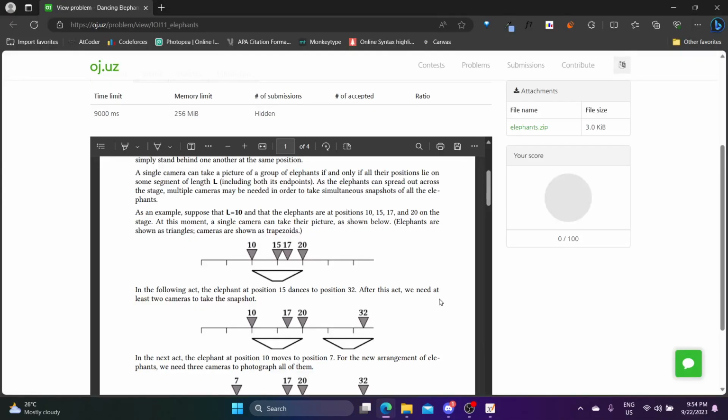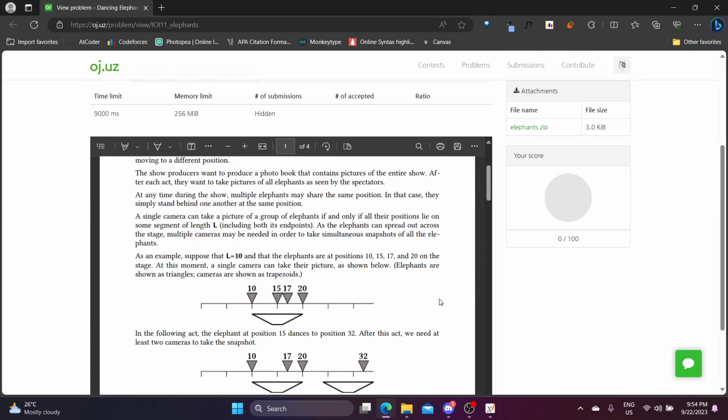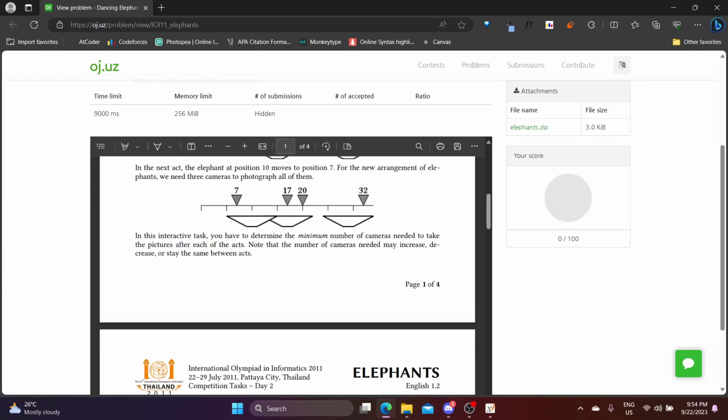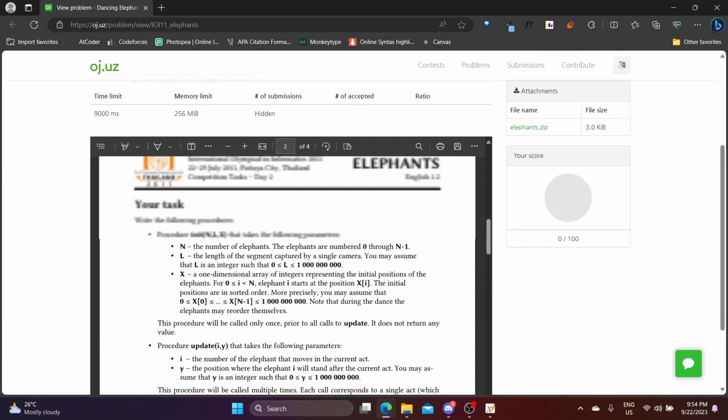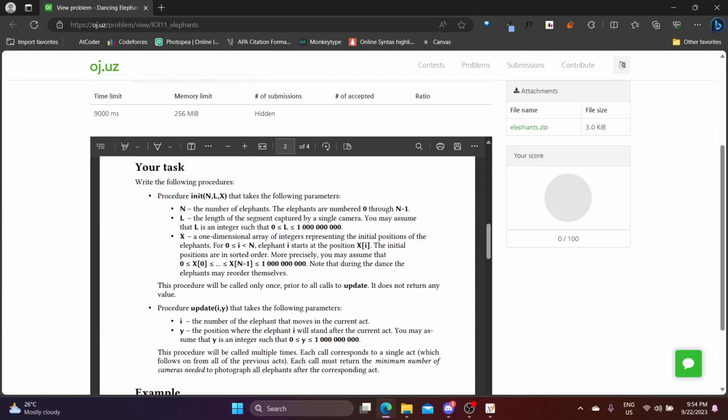For elephants, basically you have a bunch of elephants on the number line, and then you also have a camera that can cover a range, and you want all the elephants to be inside at least a single camera. You can have multiple cameras at different positions to capture different elephants. But the hard part of the problem is that there will be updates where you change the position of the elephant.